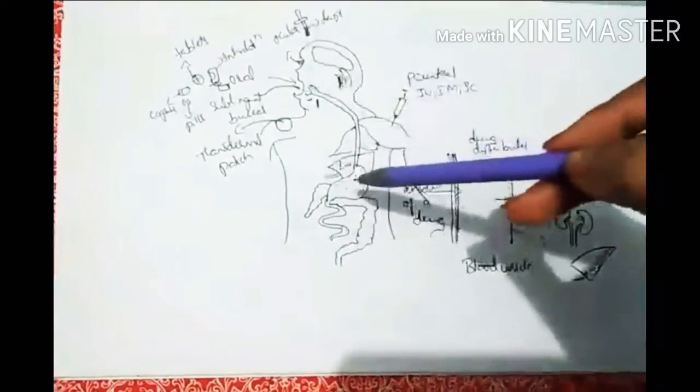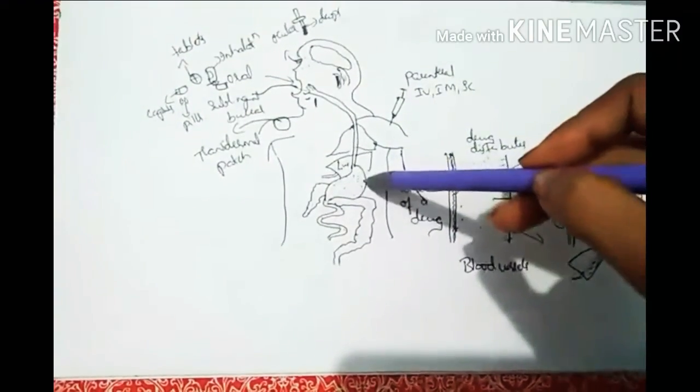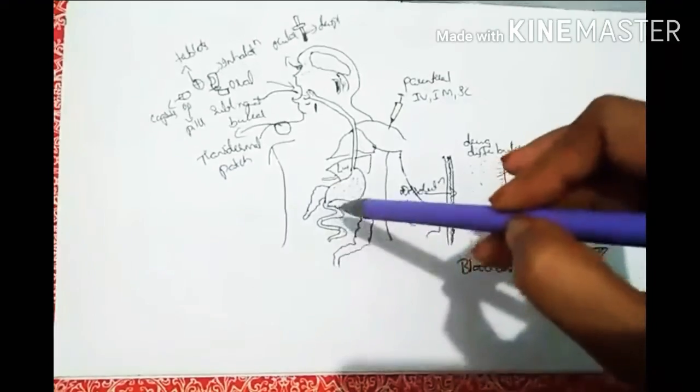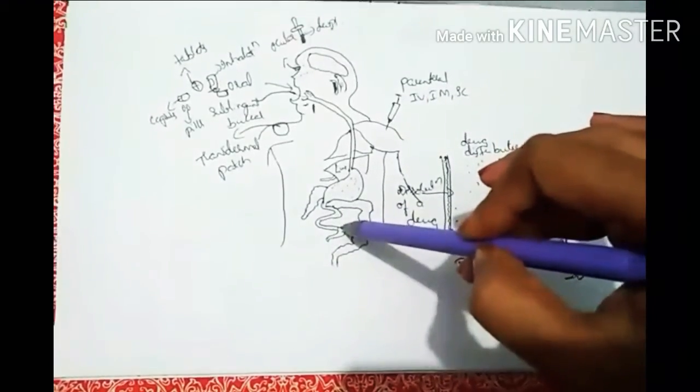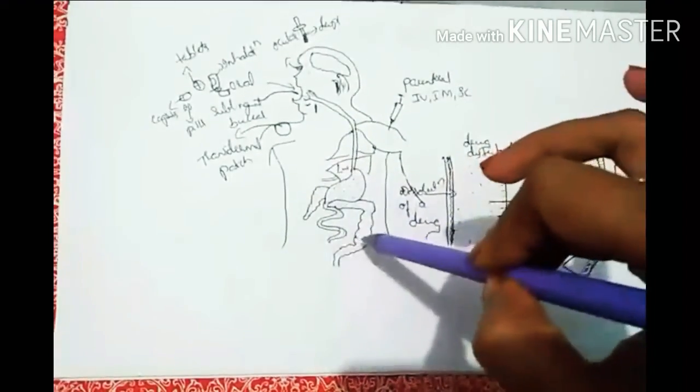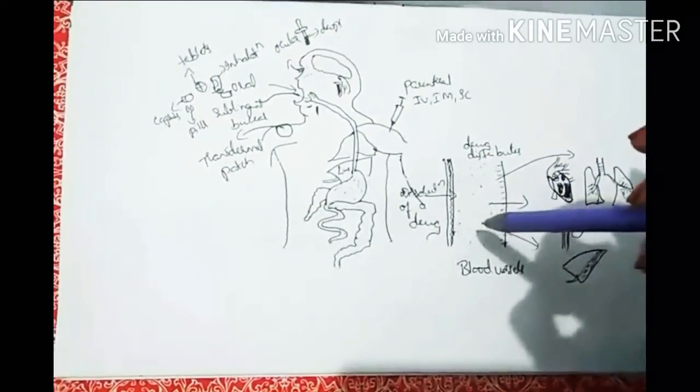If the drug is in acid form, it will disintegrate in the stomach. If the drug is in basic form, dissolution will take place in the small intestine, and then it enters the blood vessels.